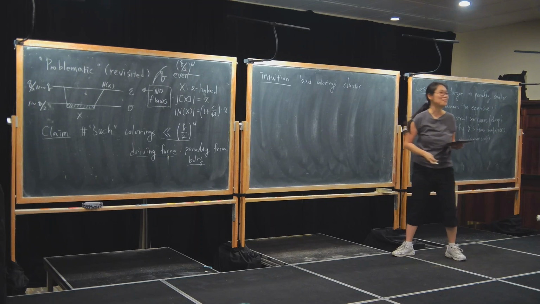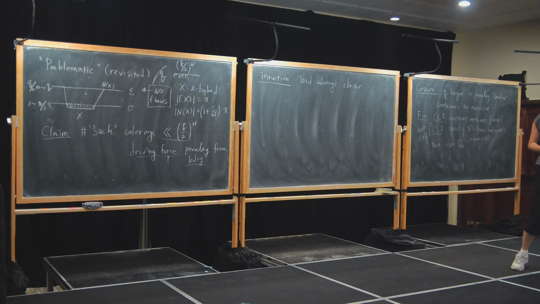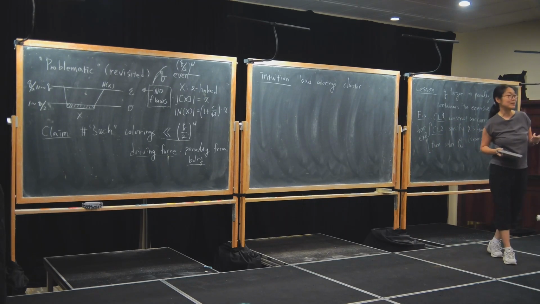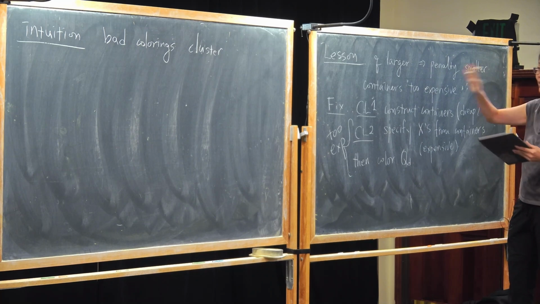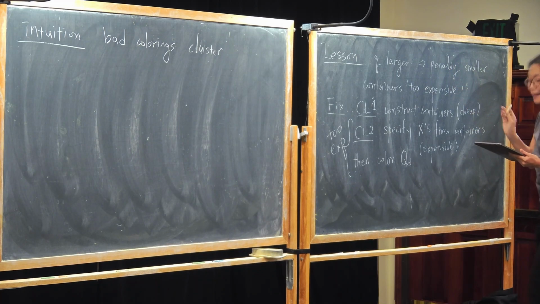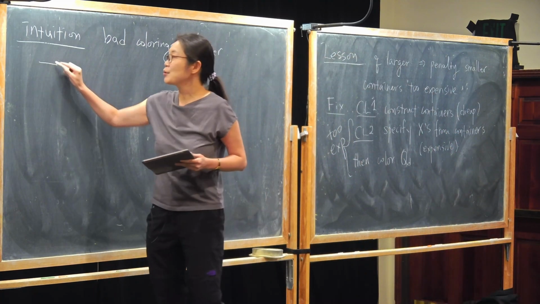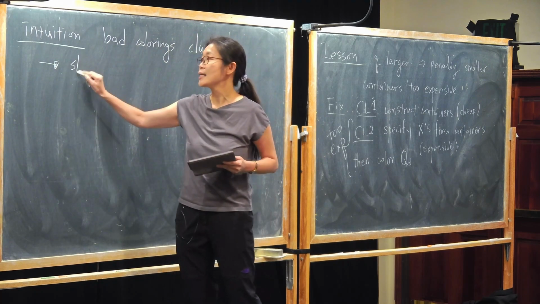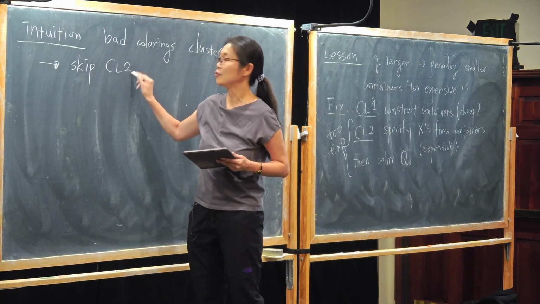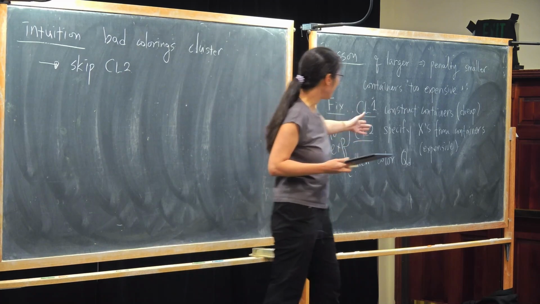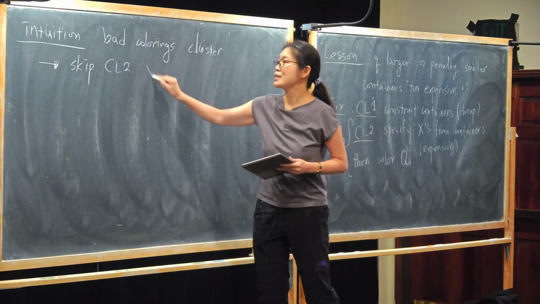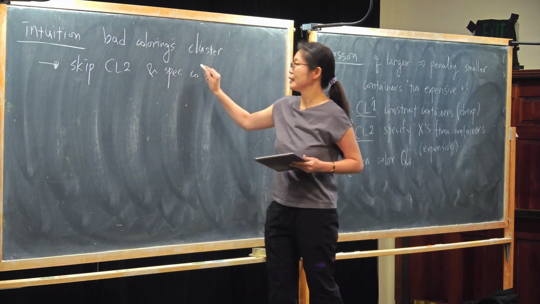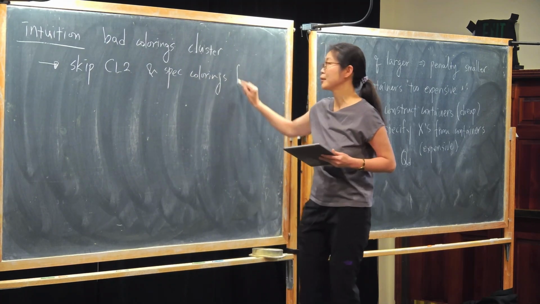We have seen this several times. First, we said independent sets cluster, and then we said expanding sets cluster, and now I'm claiming bad colorings also cluster. Based on this intuition, maybe we can just skip the second part of the container lemma. So we skip the step to specify the bad set X, and we specify colorings from the containers directly.